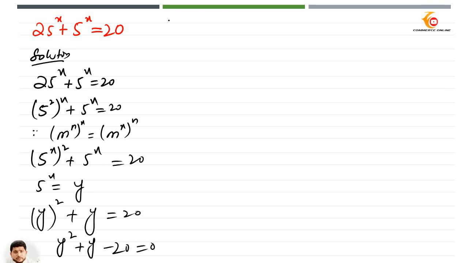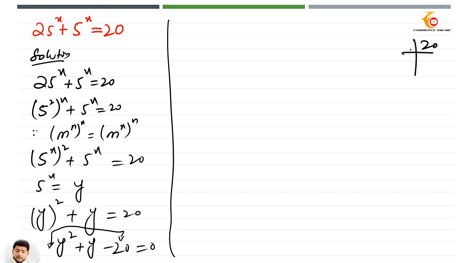and now y squared plus y minus 20 equals 0. Now we have 20, and that 20 we're going to factorize, so I'm taking the LCM of 20. Now we have 2 tens are 20, and 2 fives are 10, so we have 2 multiplied by 2 multiplied by 5.